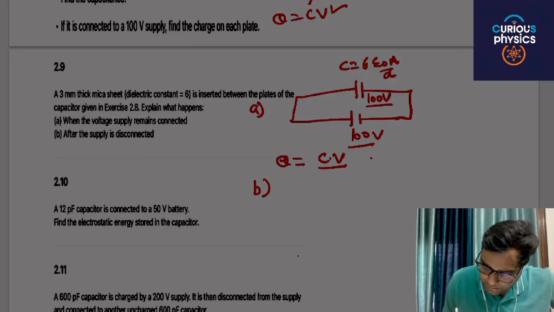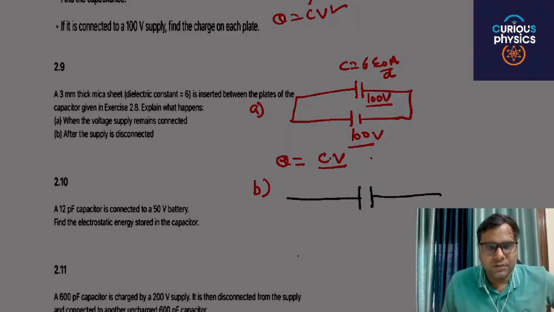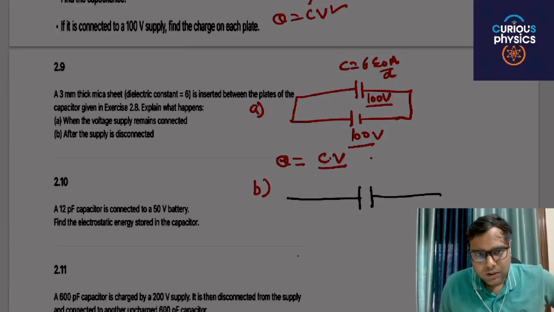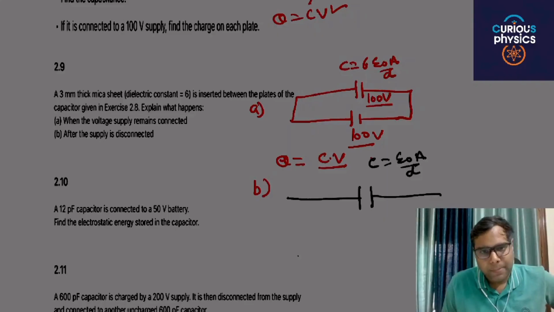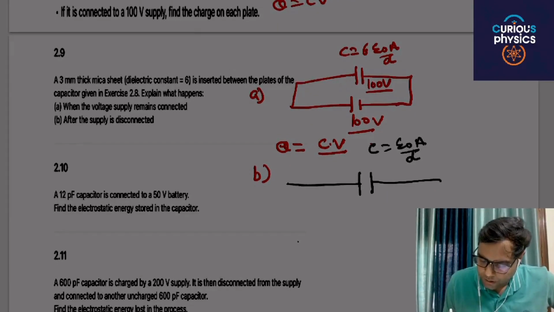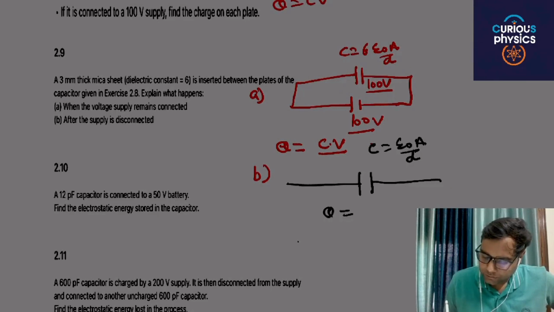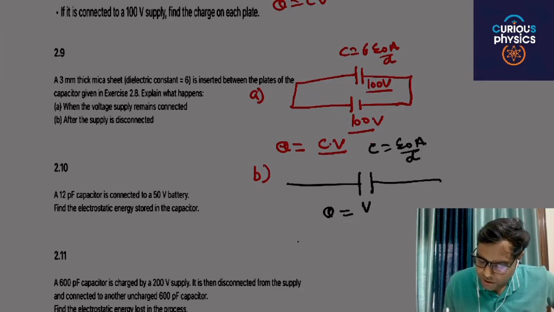In B part, initially when the battery or the supply was connected, the capacitance is C equal to epsilon naught A by D, and the charge will be simply V into epsilon naught A by D, where V is the potential.